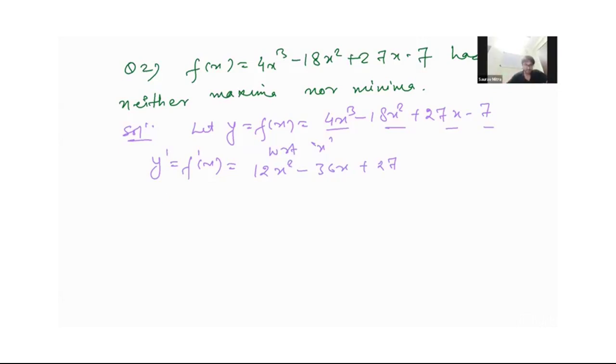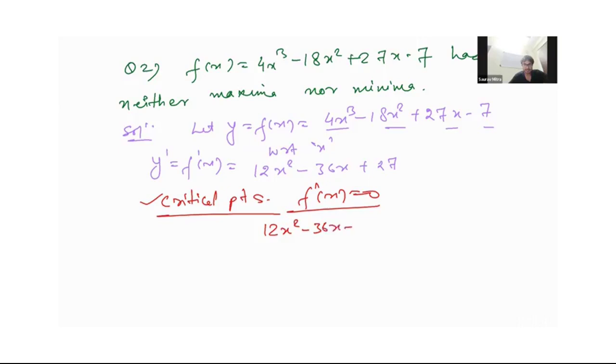Now for the critical points, critical point means we have to put f dash x equals to 0. We will get our critical point, and this critical point should be plotted on the number line, and we will calculate the region. So why are we putting f dash equals to 0? To calculate the critical points. So now it is 12x square minus 36x plus 27 equals 0.